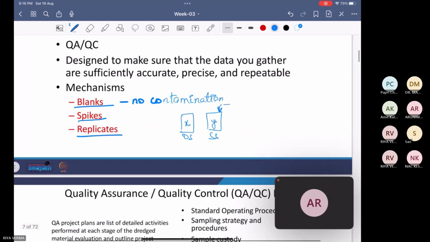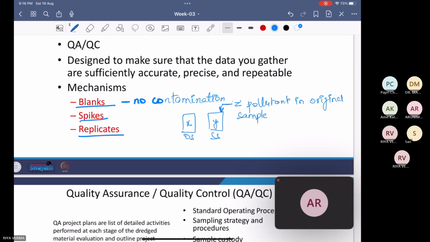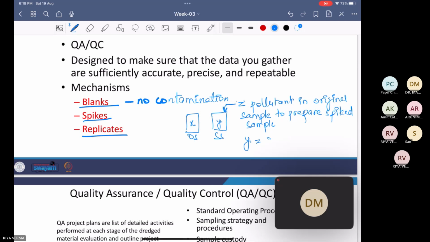For example, let us say we have added some Z amount of pollutant to the original sample to prepare this spiked sample. So this Y should be equal to X plus Z concentration.